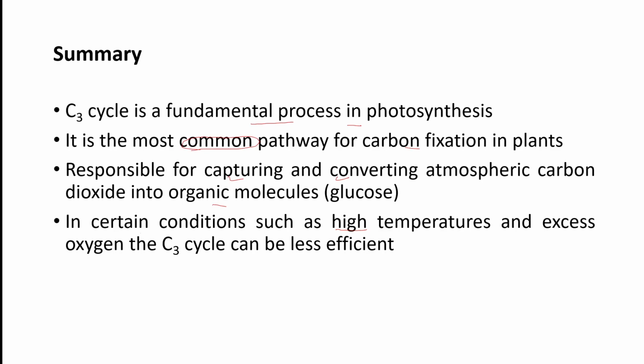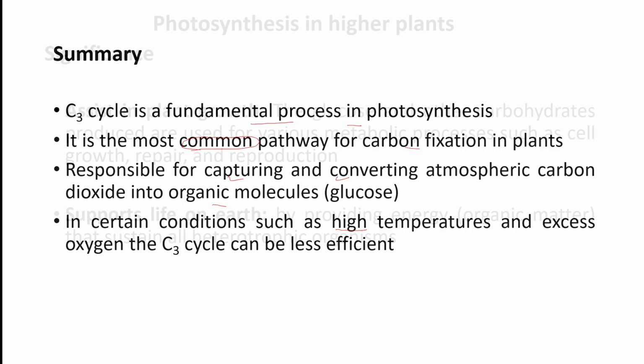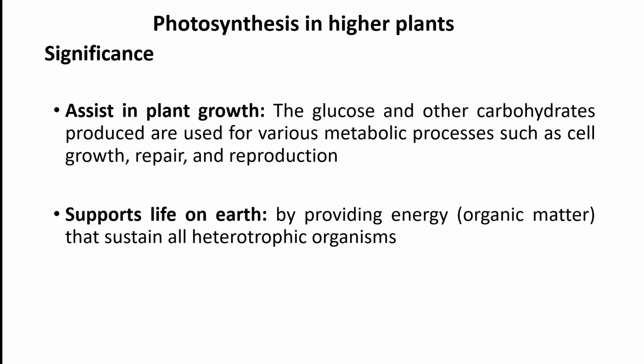This is due to a phenomenon known as photorespiration. We'll talk about the photorespiration cycle in the next session when we study the oxygenase activity of rubisco. But here you have to remember that in high temperature, high light intensity, and excess oxygen conditions, the C3 cycle becomes less efficient.